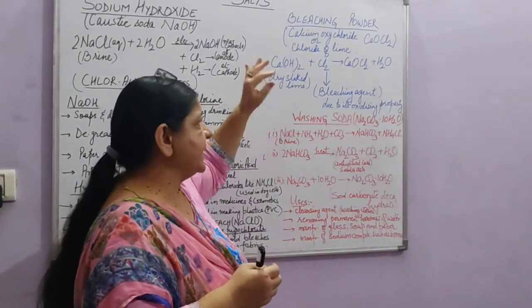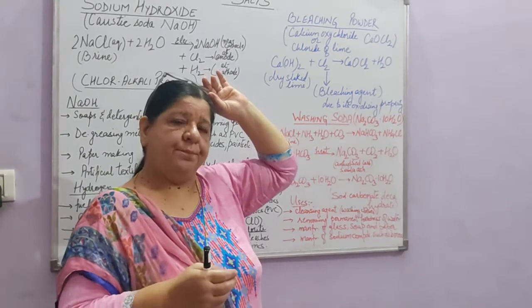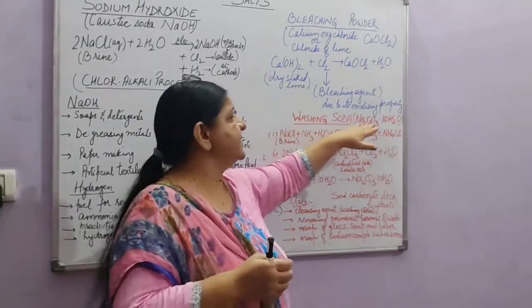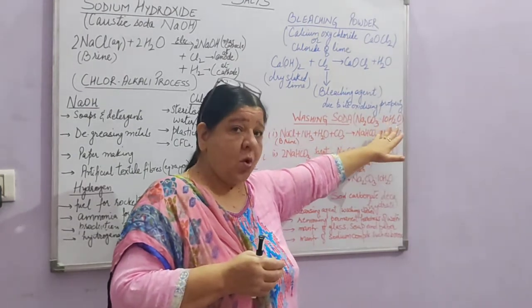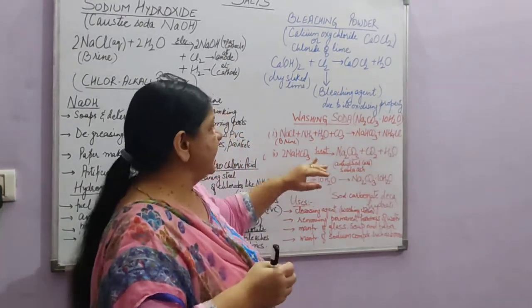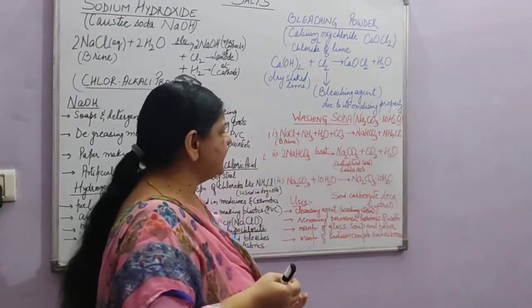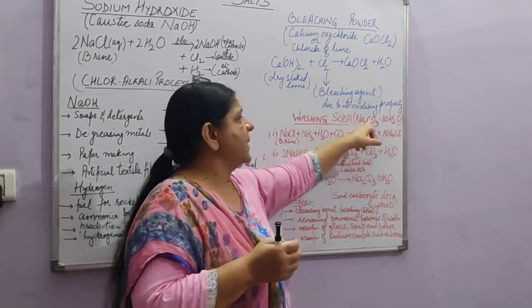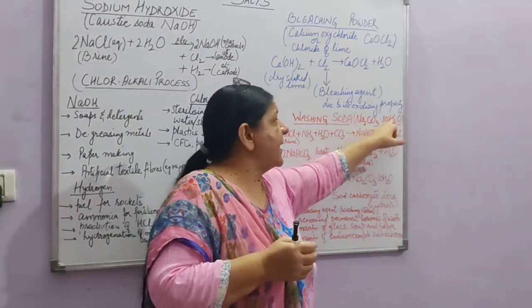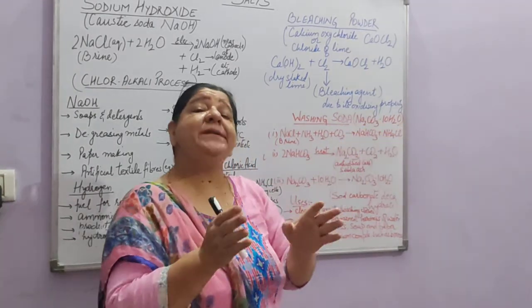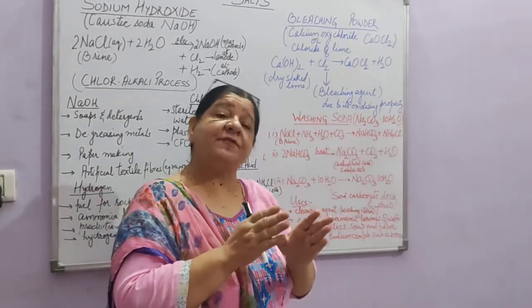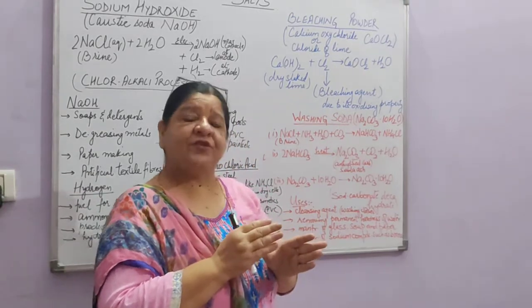The third one is washing soda. Washing soda is Na2CO3.10H2O. Now the chemical name of it is sodium carbonate decahydrate. The .10H2O is the water of crystallization attached to it.